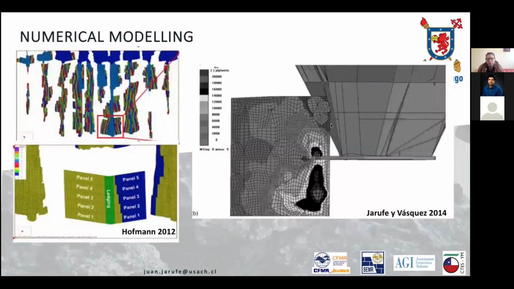So Hofmann used some energy release rate analysis to measure stresses and seismicity around longwall mines in South Africa. Vasquez and I, in 2014, analyzed seismicity using a fault slip model, a Map3D model that allows fault slip to calculate seismicity that was interpreted as associated with faults.